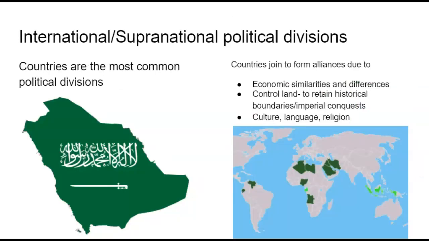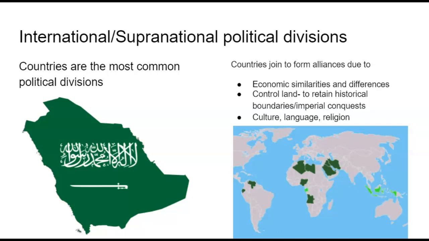Now, countries are the most common political divisions that we'll talk about. However, countries often join together to form alliances because they have economic similarities and differences, because land needs to have someone in control of it, and often this is to manage historical boundaries, or it could be because of imperial conquests, meaning colonized land.